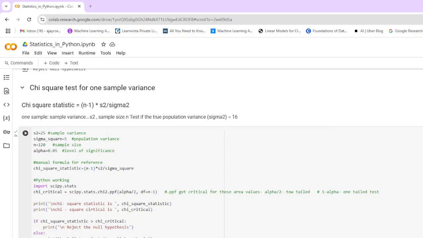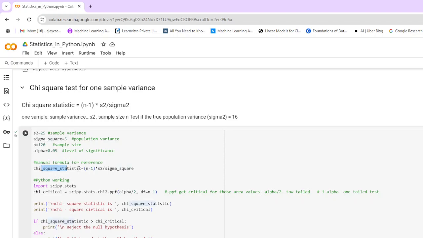For this we make use of scipy.stats.chi2.ppf, and here we check if the sample variance, which is S2, is different from the population variance, which is sigma square, which is given here. We also specify the n and the alpha.